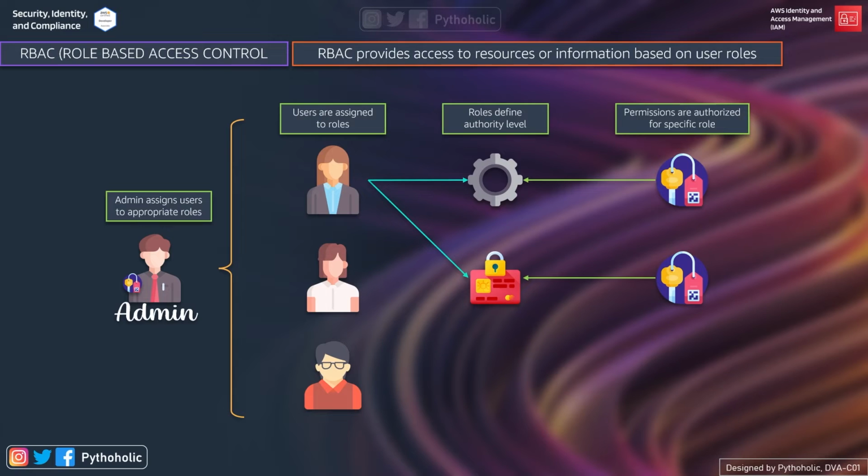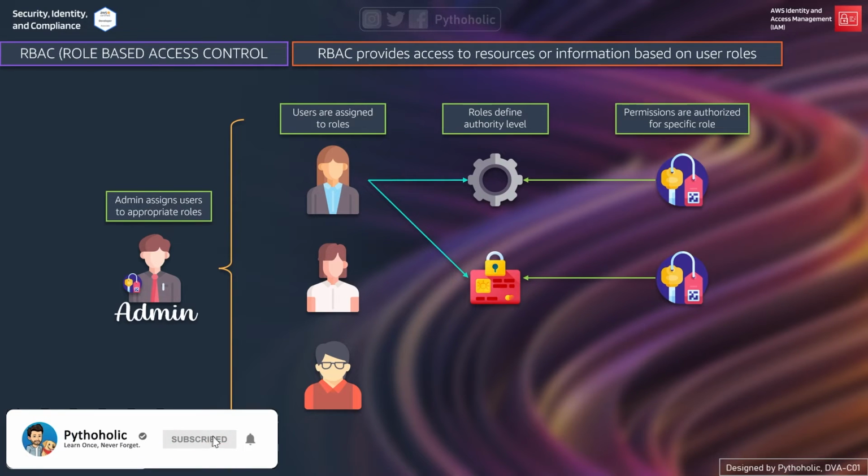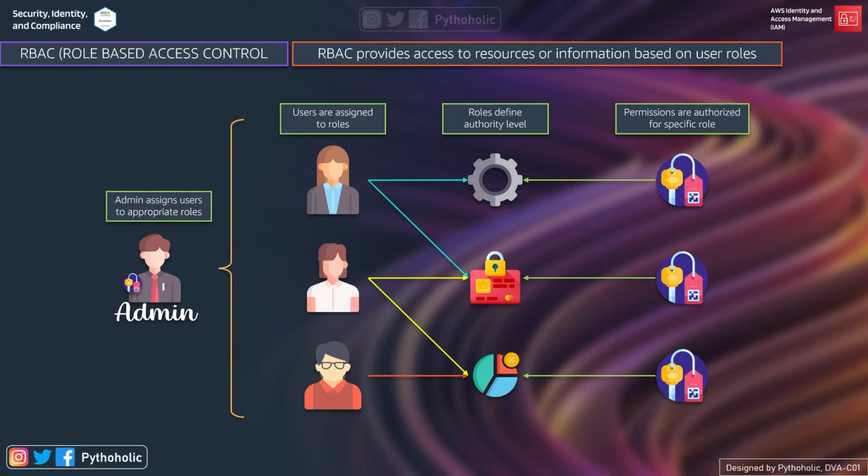So you define the role, and then the permissions are authorized for specific roles. The admin that you see here has full access, and based on his or her role, the permissions are provisioned. Similarly, we have the same for other roles, and these are not just defined for users. They can also be for user groups, like a group of admins or a group of developers. In IAM also, if you want RBAC, we can implement it by creating different policies for different job functions.